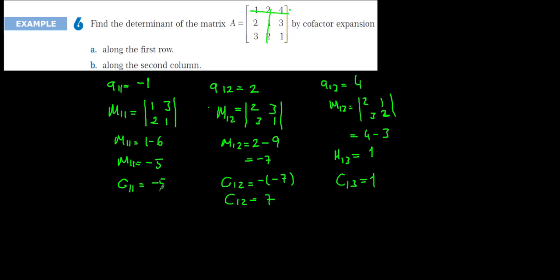Now I found all the cofactors in the same row, and I also know the entries.